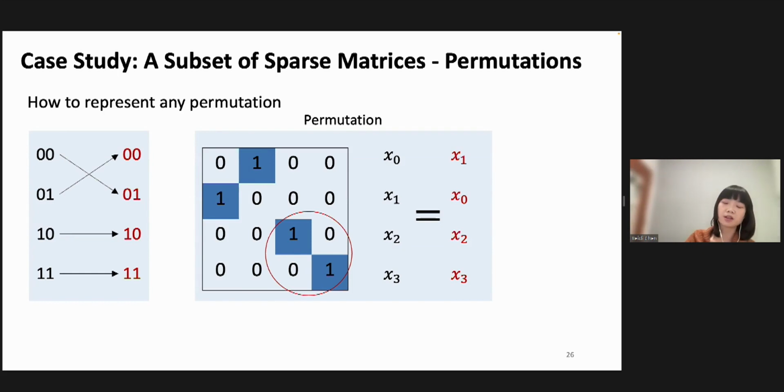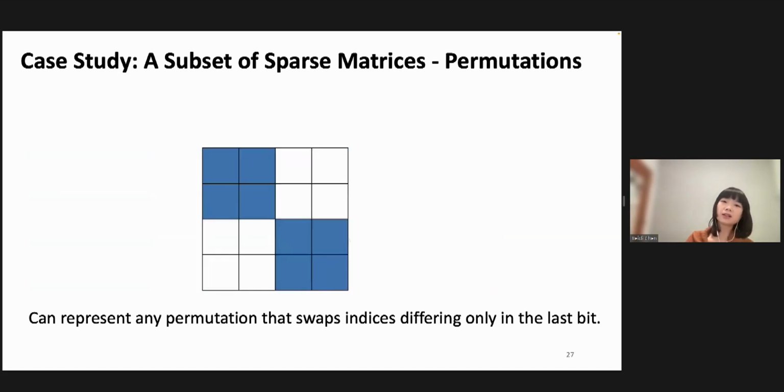So the location of 1 or 0 decides if we are going to swap them or maintain them. So we can conclude that this sparse matrix can represent any permutation that swaps indices differing only in the last bit. Those blue locations here are the non-zero entries, and we can remember this sparsity pattern.